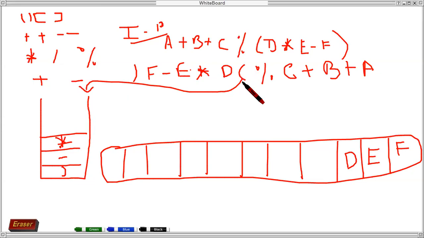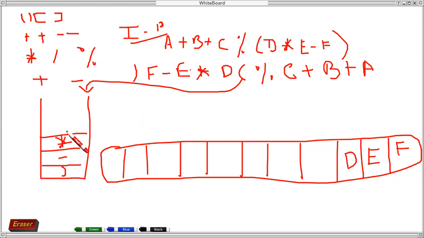We have a closing bracket here. Since we have the closing bracket out here, this opening bracket is going to neutralize it. So as per the order, everything is going to come out.